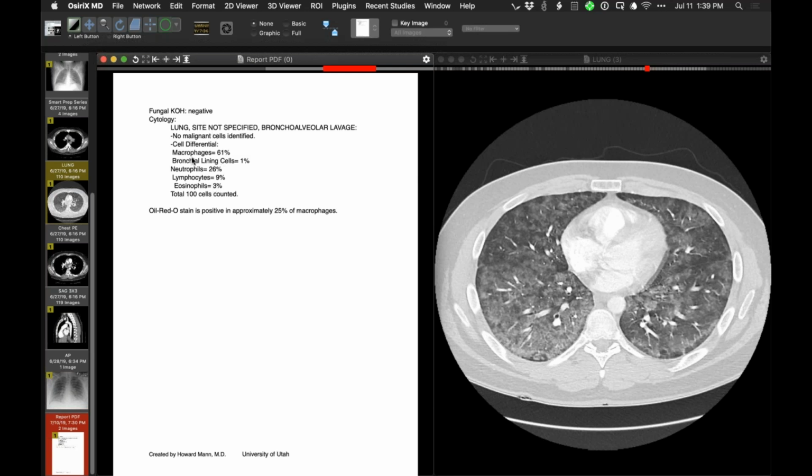Now, after this was done, and we had the previous case, I suggested they could look for the fat again. So they did the fat afterwards on the same remnant fluid and bronchial lavage. And he's also got fat in 25% of macrophages, but he has 3% eosinophils.